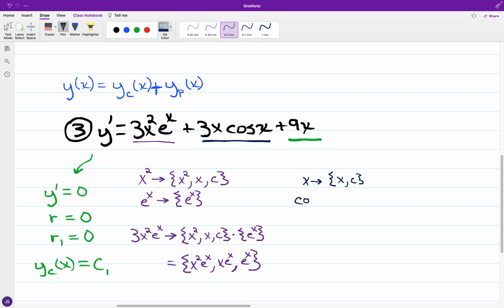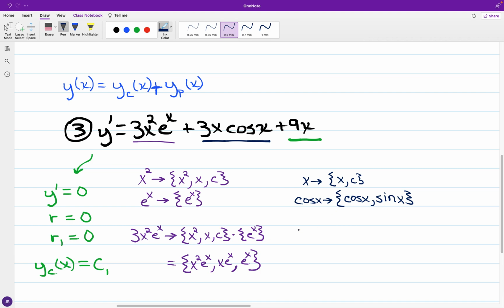And with the cosine of x, putting out the family of derivatives: we have the cosine term, and the derivative of a cosine term goes to a sine term, and you'll have a bit of a loop, cosine leading to negative sine, which leads to negative cosine, which leads back to sine. All of these we have as multiples of cosine and sine of x.